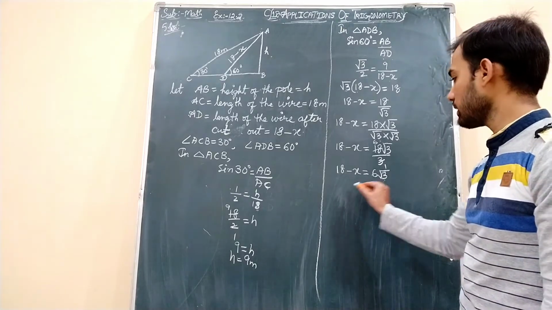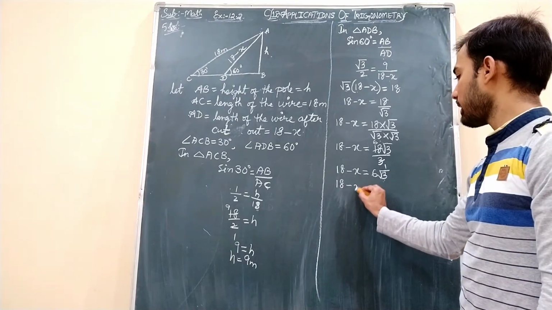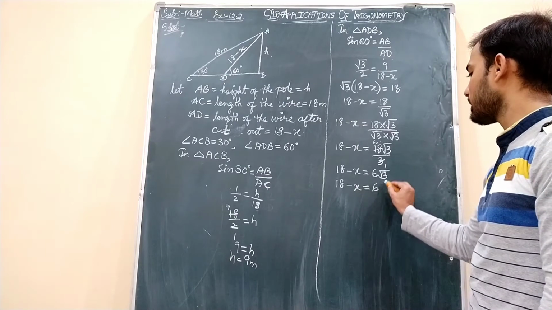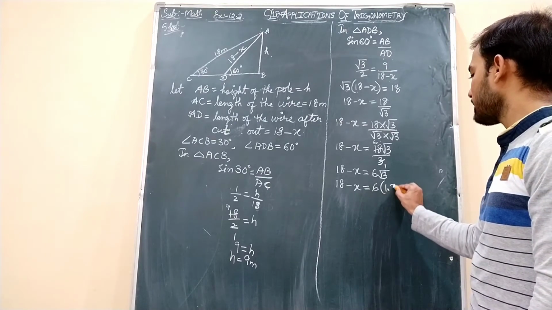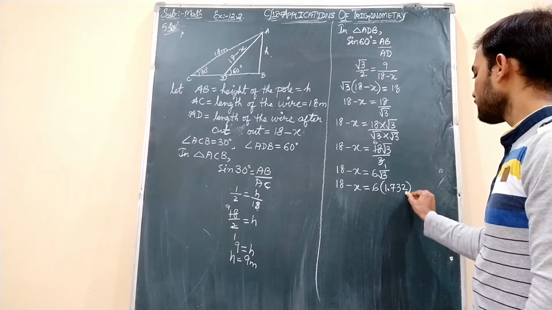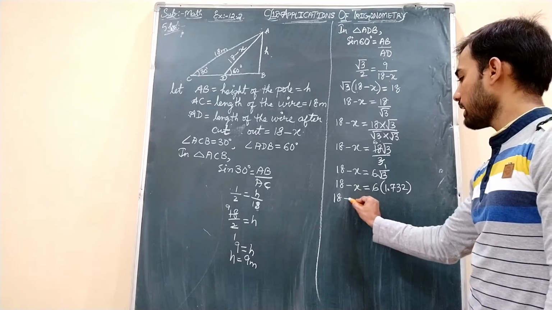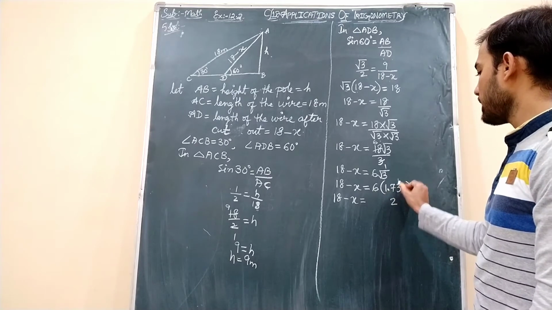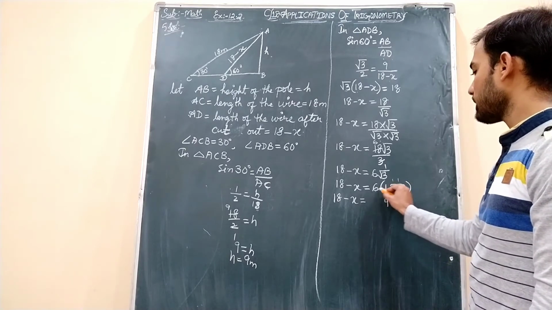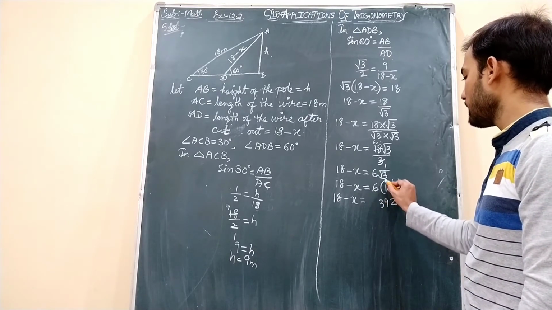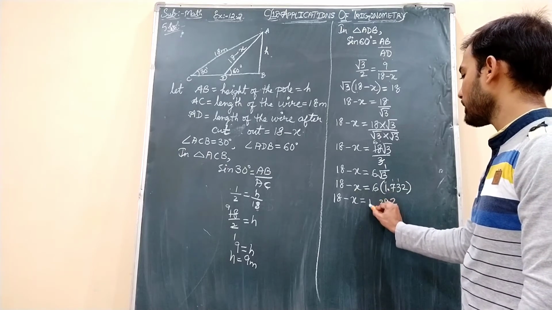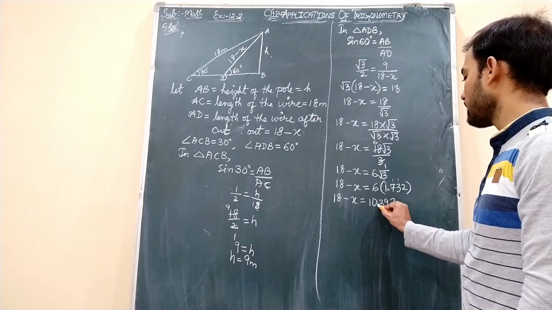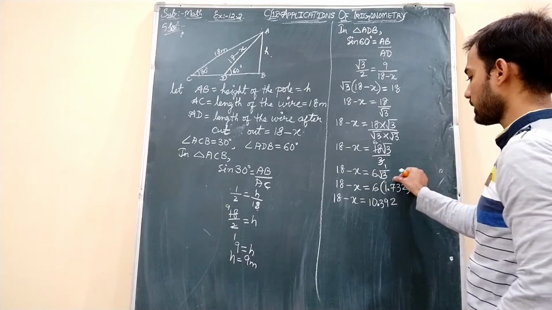Substituting the value of root 3, 18 minus x equals 6 into 1.732. 6 twos are 12, 6 threes are 18 plus 1 is 19, 6 sevens are 42 plus 1 is 43, and 6 ones are 6 plus 4 is 10.392 we got, students, after multiplying this.